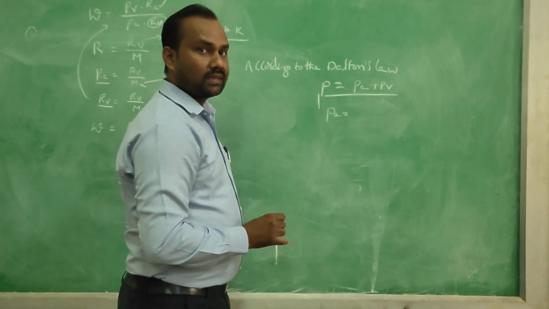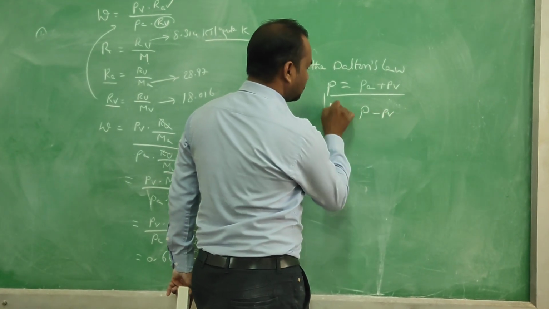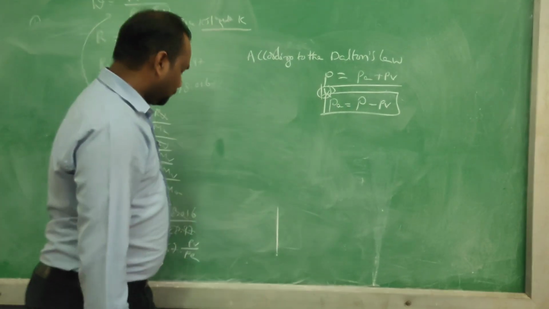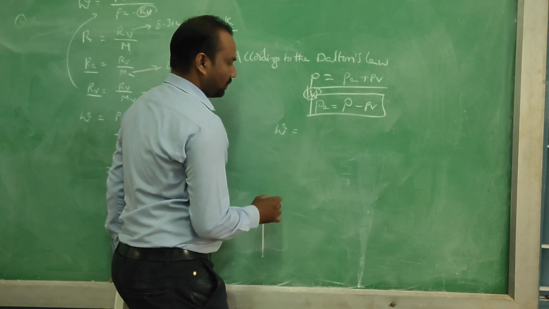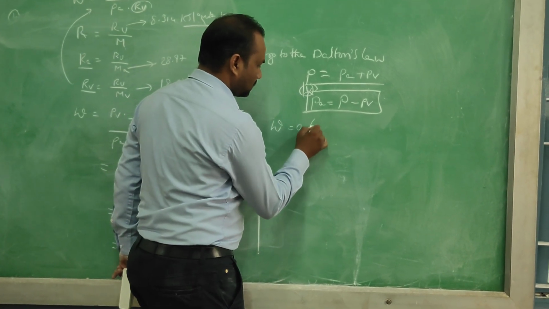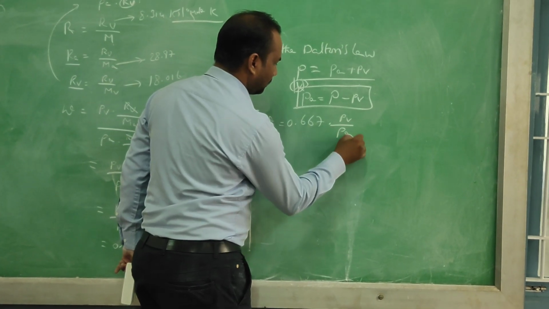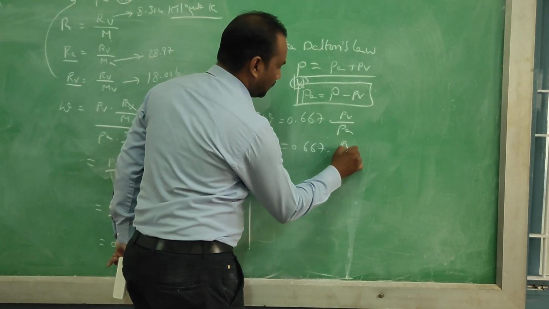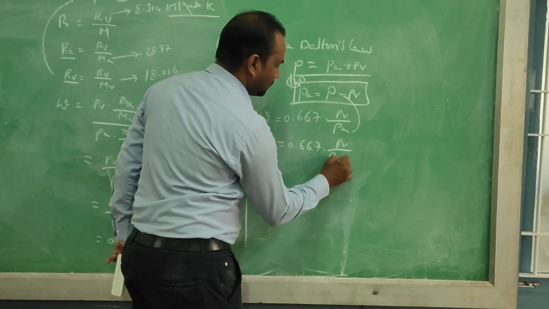It is the partial pressure exerted by the dry air, which is equal to total pressure minus partial pressure of water vapor, right? Then substitute the PA value in the final equation. So the final equation for omega is 0.667 PV by, instead of PA, from Dalton's law we get P minus PV.